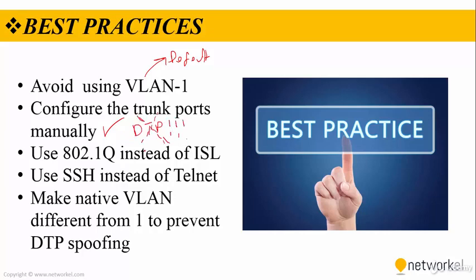You can face big problems if you use DTP. And third, we need to use .1Q instead of ISL. We need to use SSH instead of Telnet for remote connections, because SSH uses encryption for the connection. And we need to make the native VLAN different from VLAN 1 to prevent DTP spoofing.